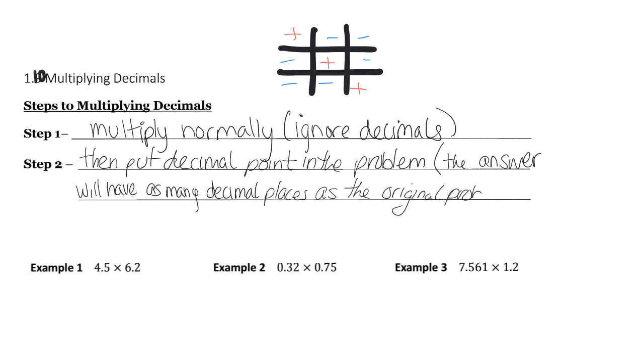I know that doesn't really make sense now, but I'm going to explain it to you. So first, ignore the decimals, multiply like normal, then put your decimal places in.